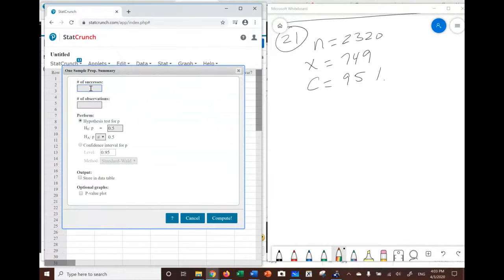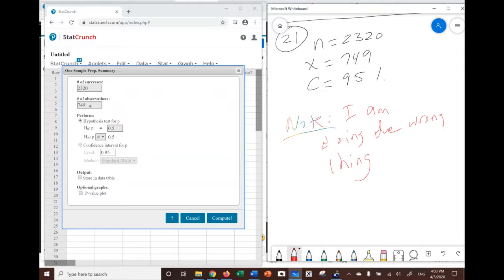Let me just show you what will happen if I flip them. If I put 2320 here, and I put the 749 there. I want you to note that I am doing a wrong thing here.